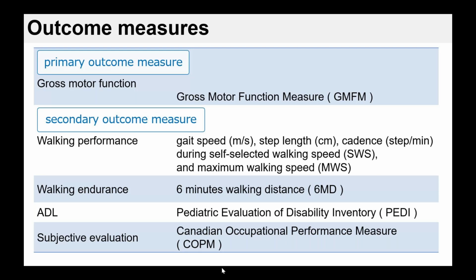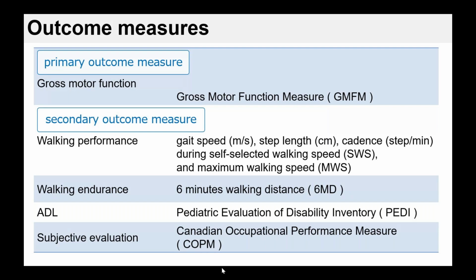The 6-minute walking distance was used as a measure of walking endurance. As a performance measure of daily living activities, we used the Functional Skill Scale of the Pediatric Evaluation of Disability Inventory. We used the Canadian Occupational Performance Measure as a measure of participation.